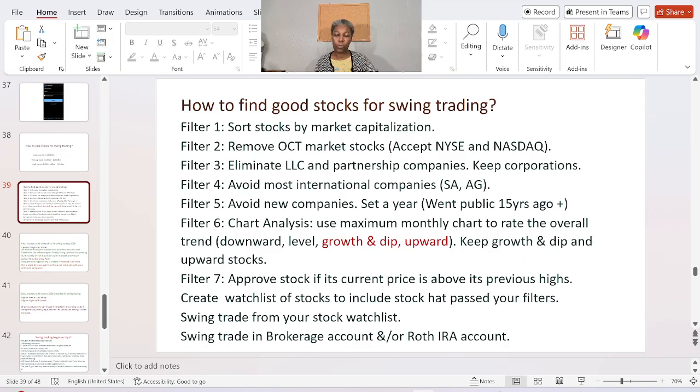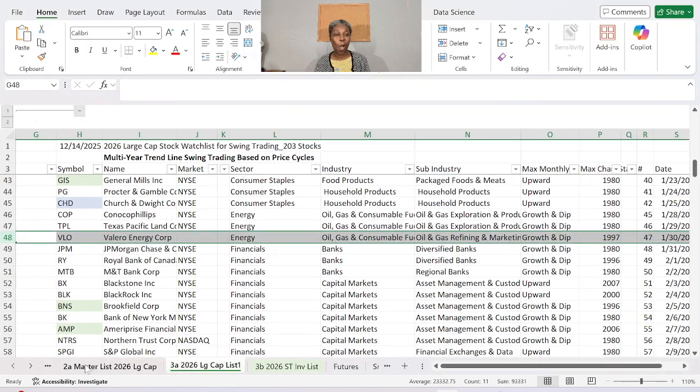So growth and dip will be those big upswings and downswings. The ones with only small jagged teeth going up, without a big one, I like to keep, and I avoid downward and level charts. Those are the ones that make it to my master watch list.